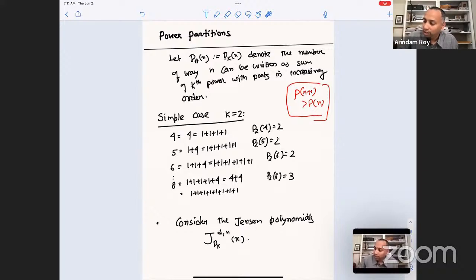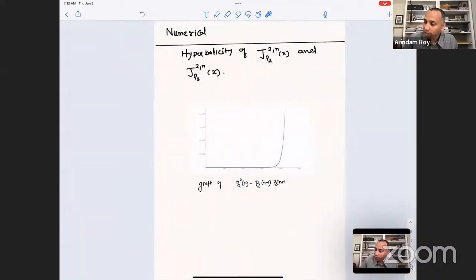And then we're going to look at the Jensen polynomial for this p_k(n). Most of the numerical study we did was for k equal to 2 and k equal to 3, because as k becomes bigger and bigger, generating all the p_k(n) is really time consuming. So let me show you the first numerical result.